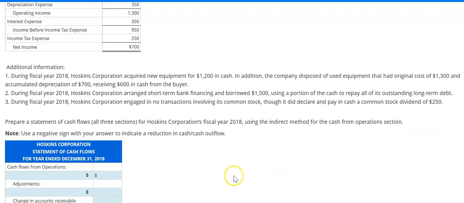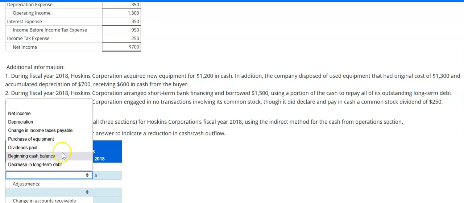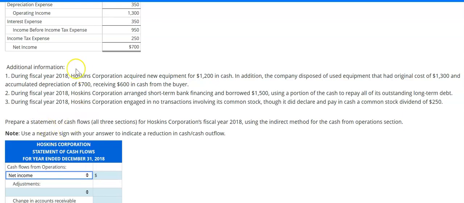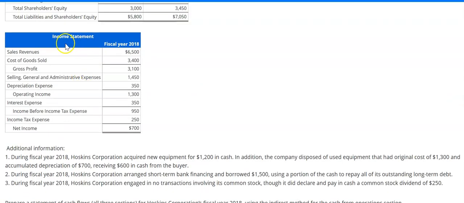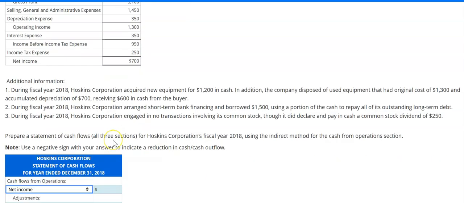So what we always want to do first is we want to start with net income. This is always the spot that we want to start with first. So let's look at our little drop down box and find net income, and we go up to our income statement. We've already calculated it.